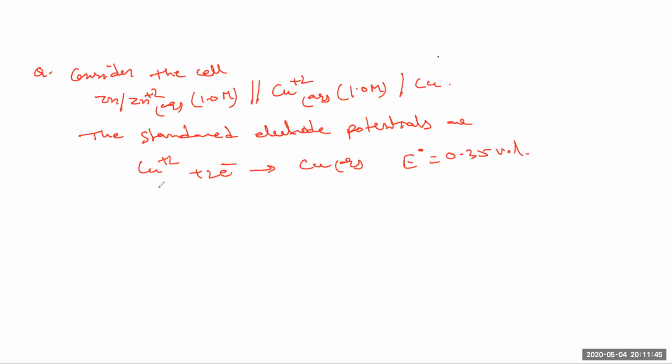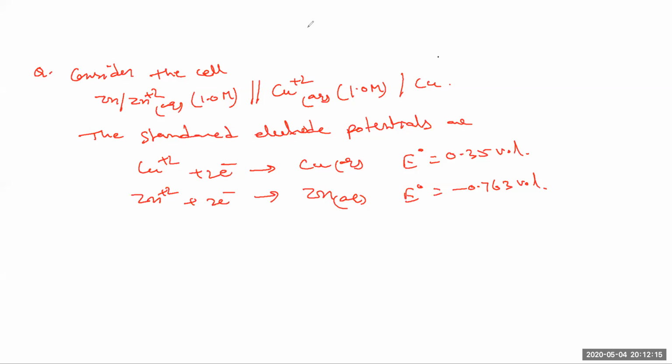Next, Zn plus 2 plus 2 electrons gives rise to Zn solid. E0 value is given as minus 0.763 volts.